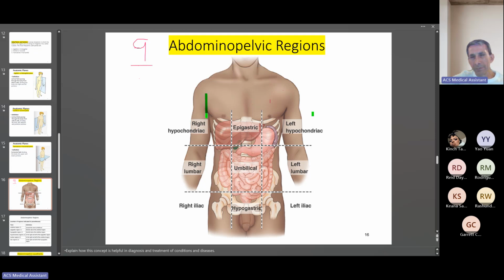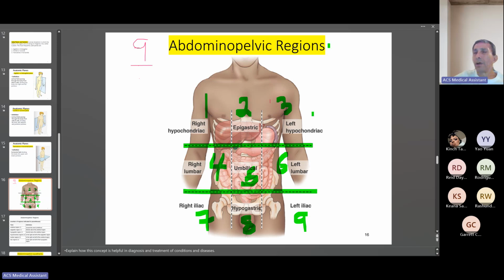So we have 1, number 2, this is number 3, this is number 4, this is number 5, right here in the center. Number 6, number 7, number 8, and number 9. See? 9 regions. Not quadrants. Quadrants means 4. So we have 3 superior, 3 in the middle, and 3 on the inferior part.